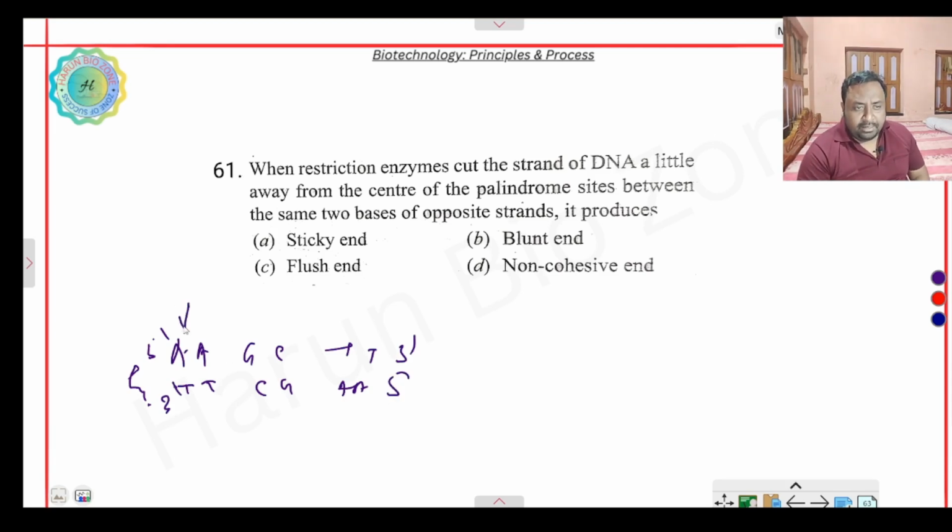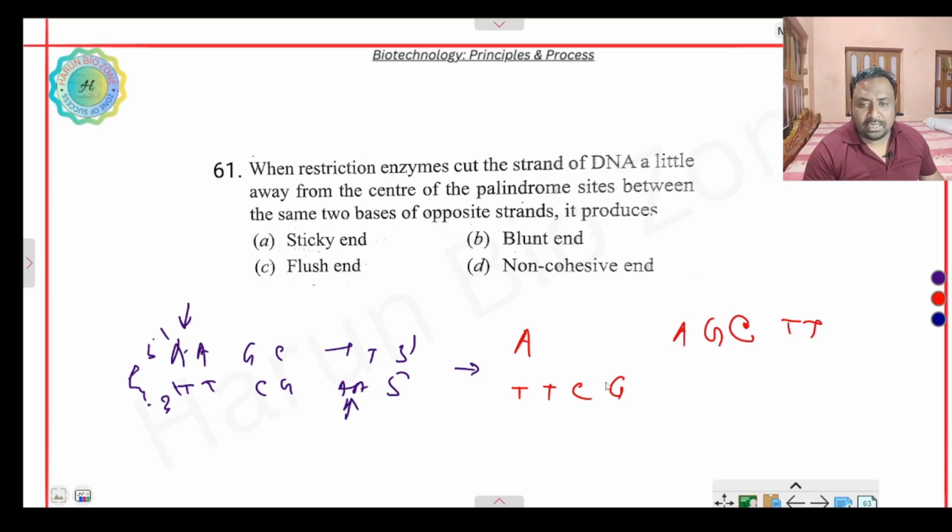So here the cutting is between A and G, so it produces A and G, C, T, T, and here it produces T, T, C, G, A and A. And this type of end is called a sticky end.